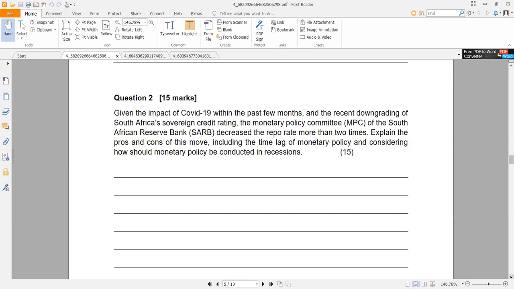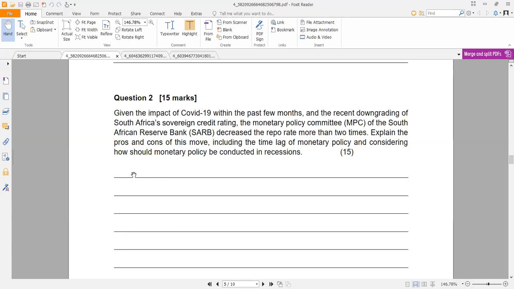Right, here's the question. So in order for you to answer this question in a better way, just divide the question, isn't it? It's in so many parts. So the question is saying, explain the pros and cons of this move. So the first thing for you here was supposed to say, what is a repo rate? To explain the definition of a repo rate.